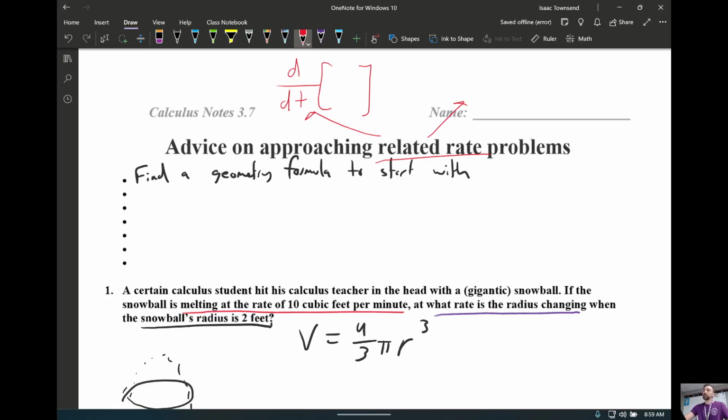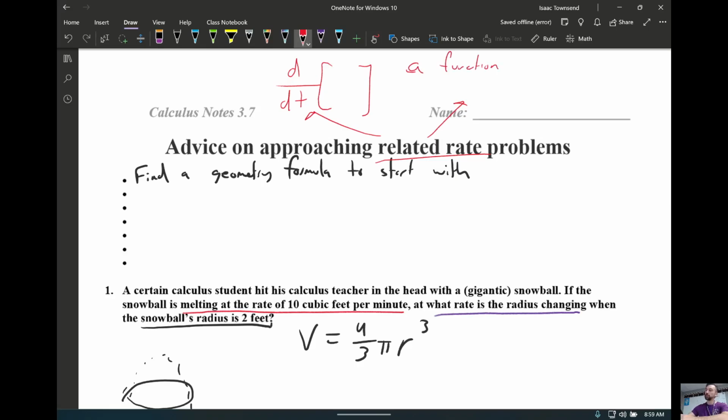Or sometimes your hint will say that the function is a function in terms of time.